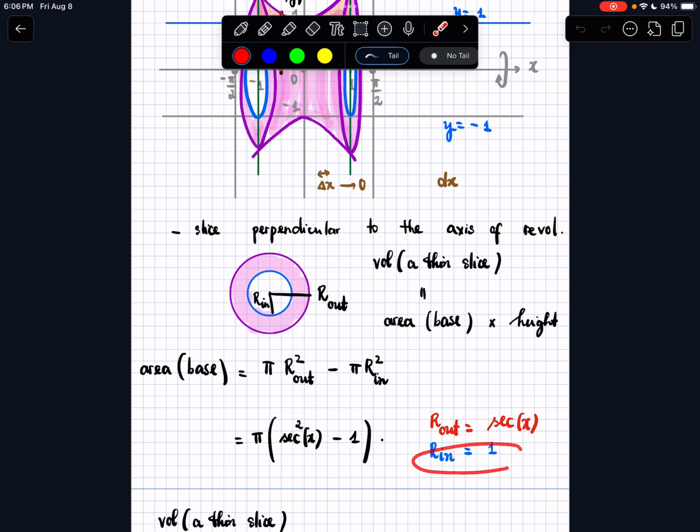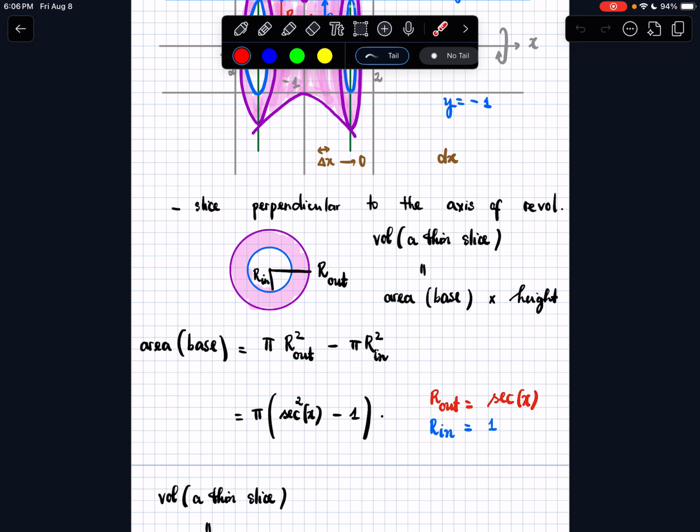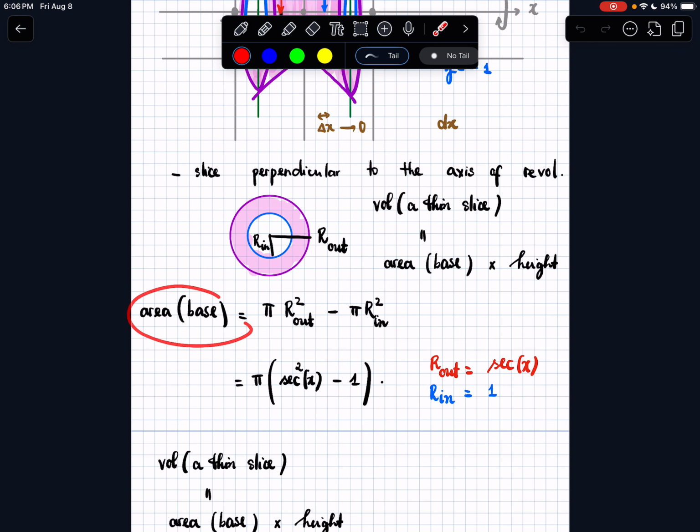Inner radius is 1. We can compute the area of the base, which is pi outer radius squared minus pi inner radius squared. So this is pi times secant squared of x minus 1. So we have the area of the base.